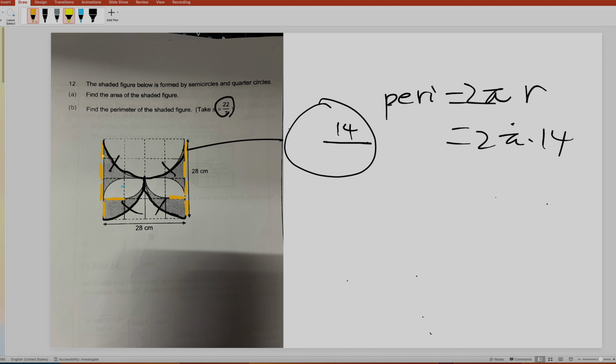So okay, so this is 28. 1, 2, 3, 4. 4 of them is 28. So one of them is 7. Right? How many 7 do you have? 1, 2, 3, 4, 5, 6, 7, 8, 9, 10. You just count now. So 10 of 7. So 70, right? Yes.